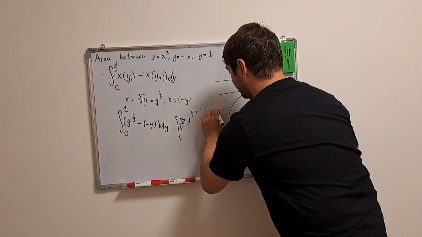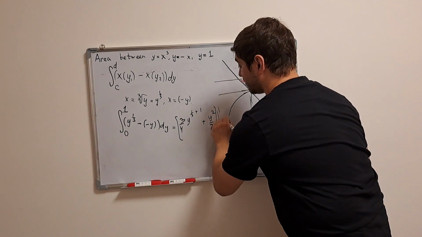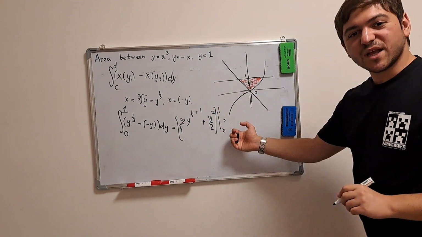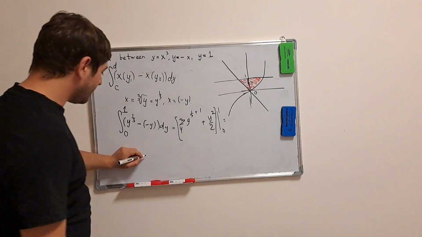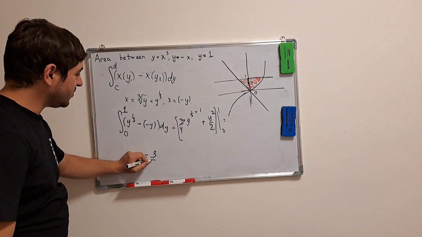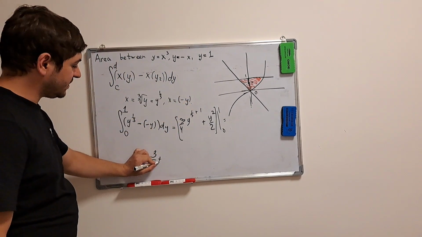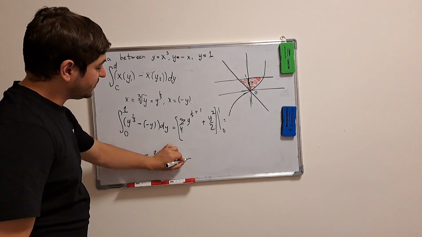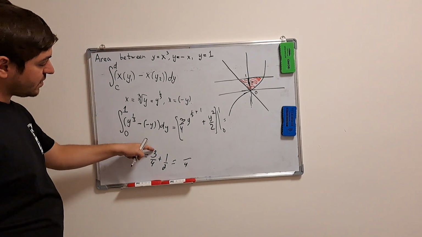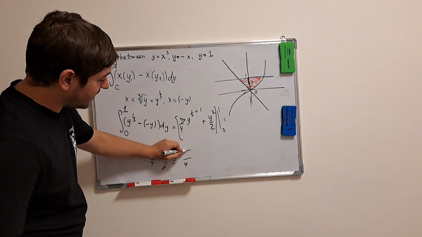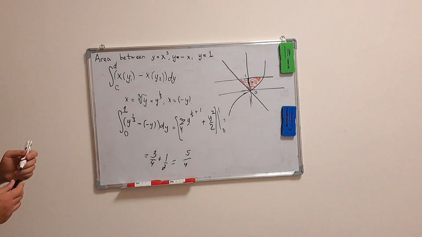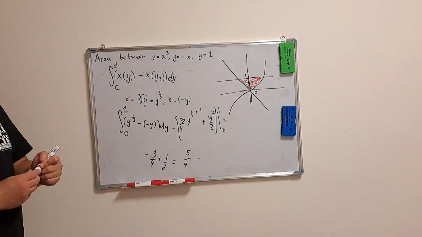So we will have our integral from 0 to 1. So basically I will have to plug in only 1, and the answer will be in our hands. So we will have 3 over 4 plus 1 over 2, which will yield us 3 plus 2, 5 over 4. So this is how you can integrate from left to right.